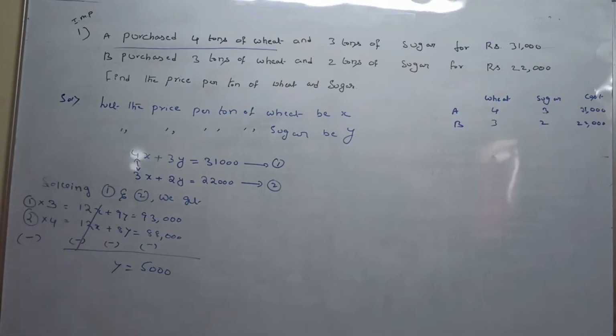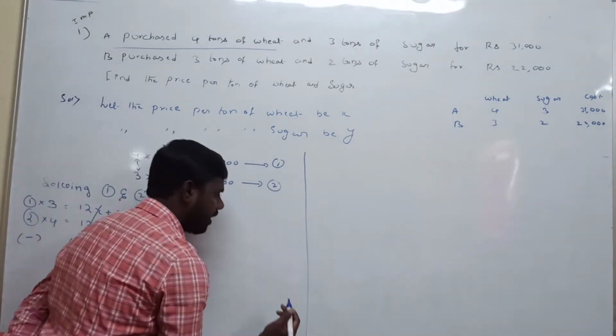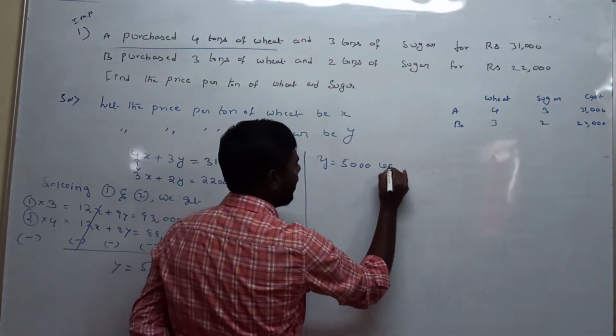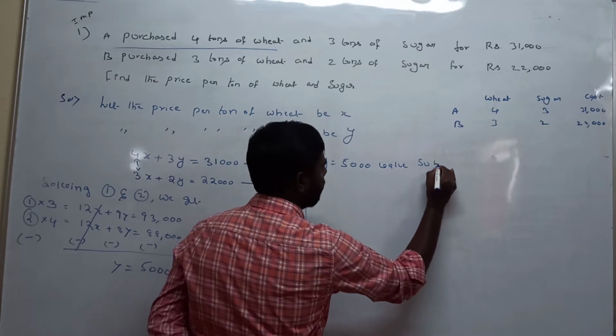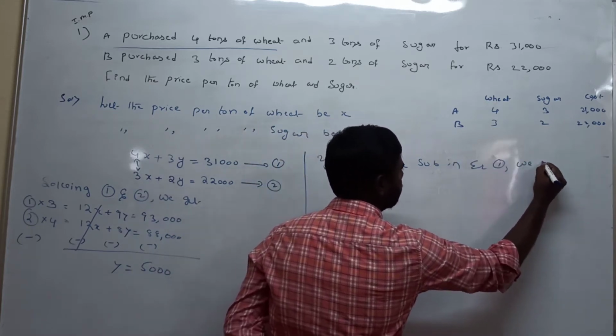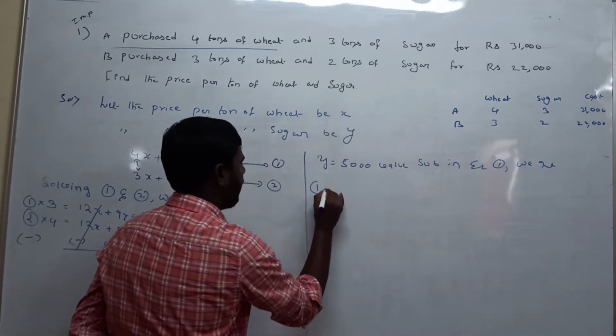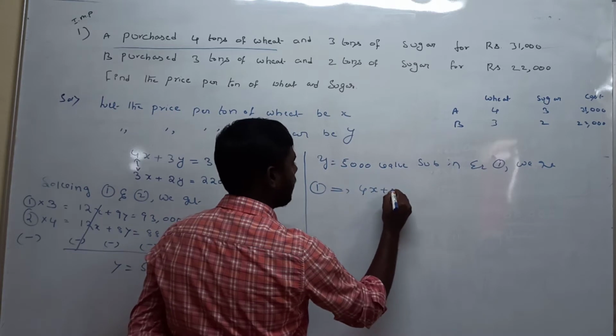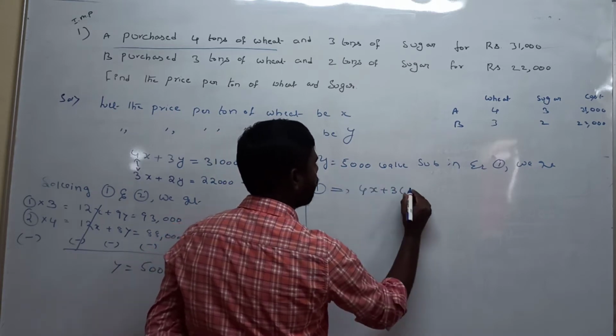The y value can be substituted in any one equation. Y is equal to 5,000, substitute in equation number 1. What is equation 1? 4x plus 3y. What is the y value? 5,000.